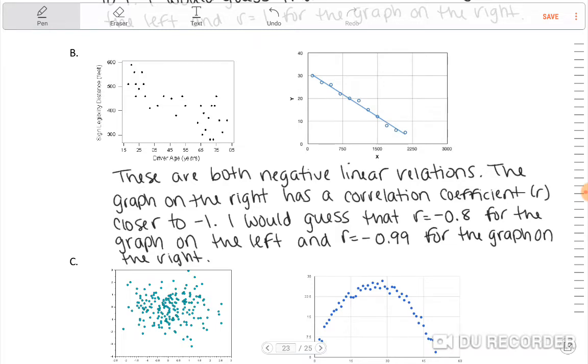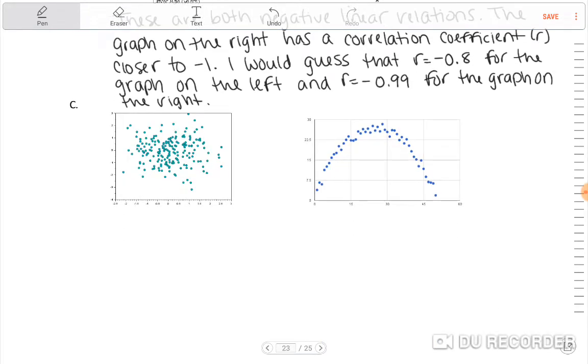Okay. And looking at these last two, I would say that these have no linear relation.